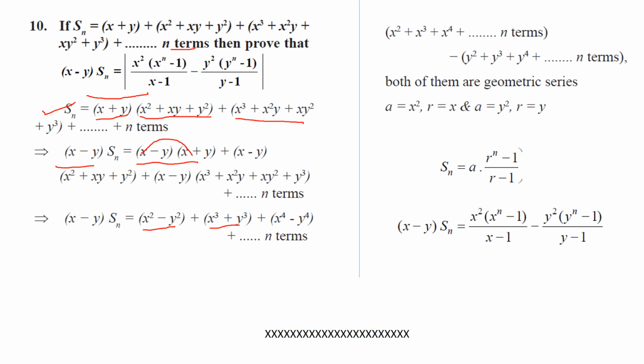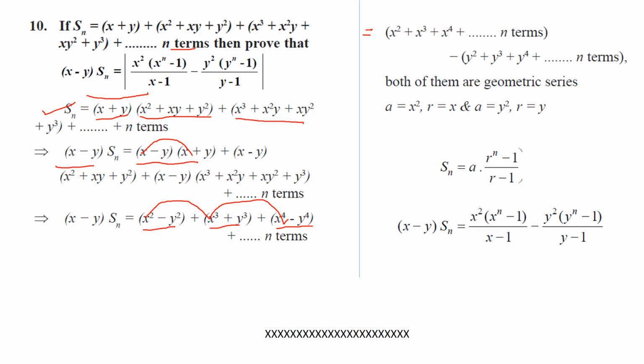Here (a minus b) into (a cube plus a squared b plus ab squared plus b cube) is x power 4 minus y power 4 here. So next you can separately write x squared plus x cube plus x power 4, n terms, equal to minus of (y squared plus y cube plus y power 4, etc.), n terms.